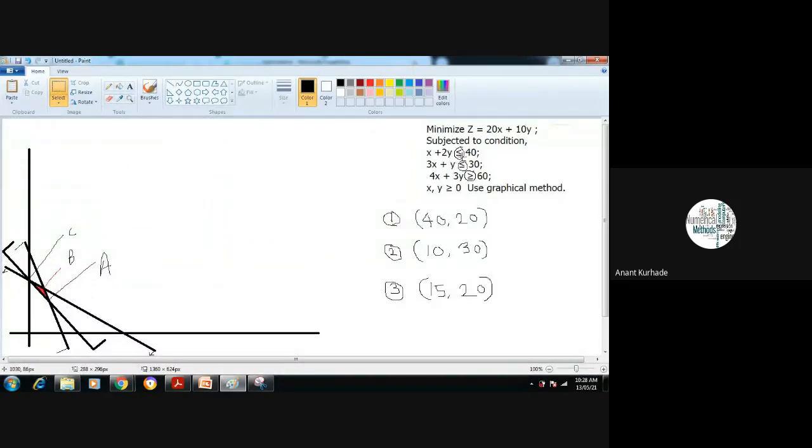See this first constraint: x plus 2y is less than or equal to 40. Now what is given here?